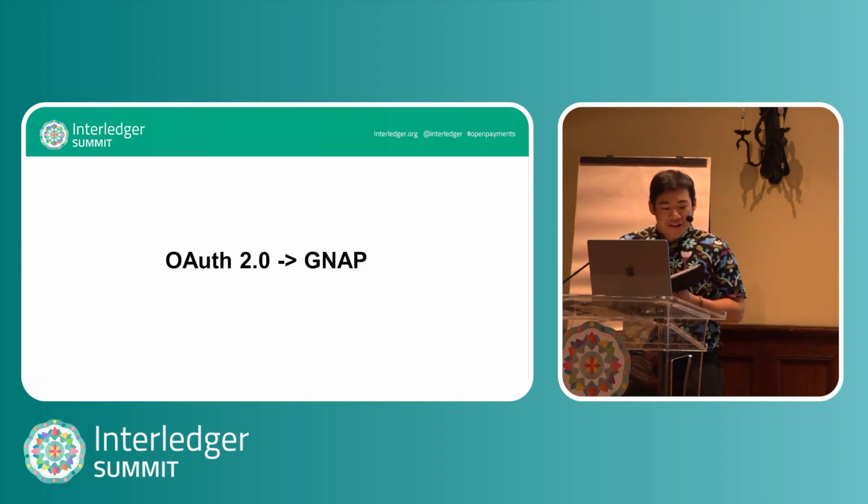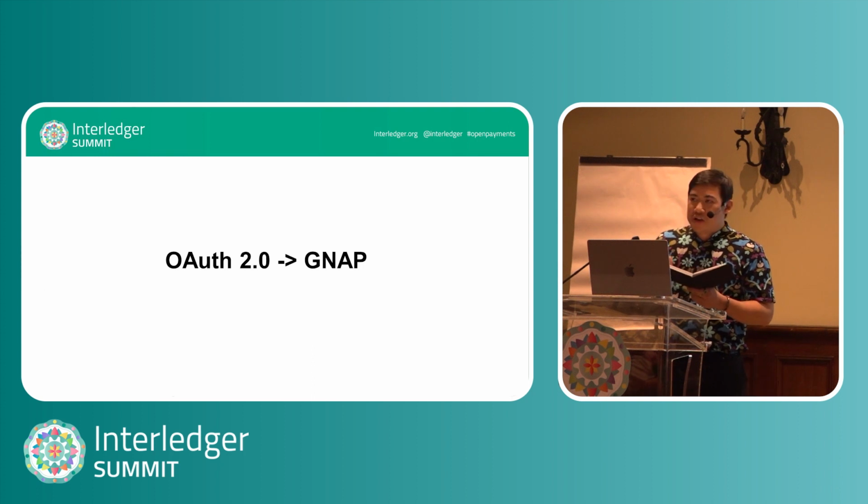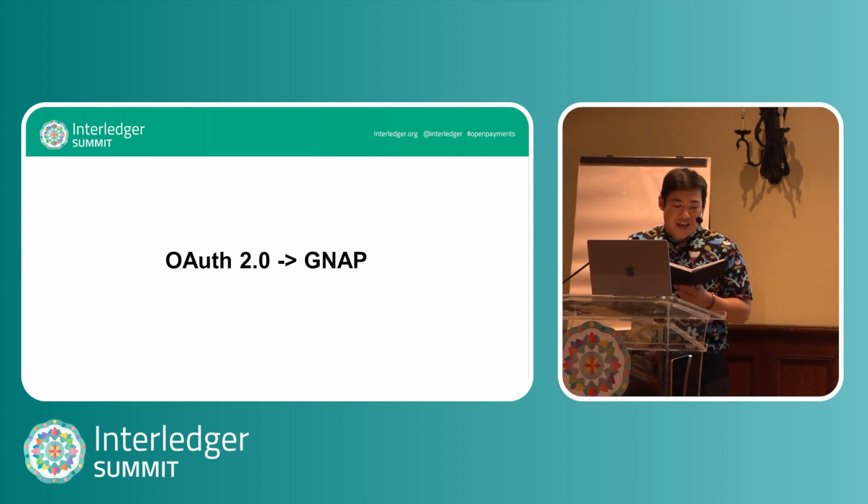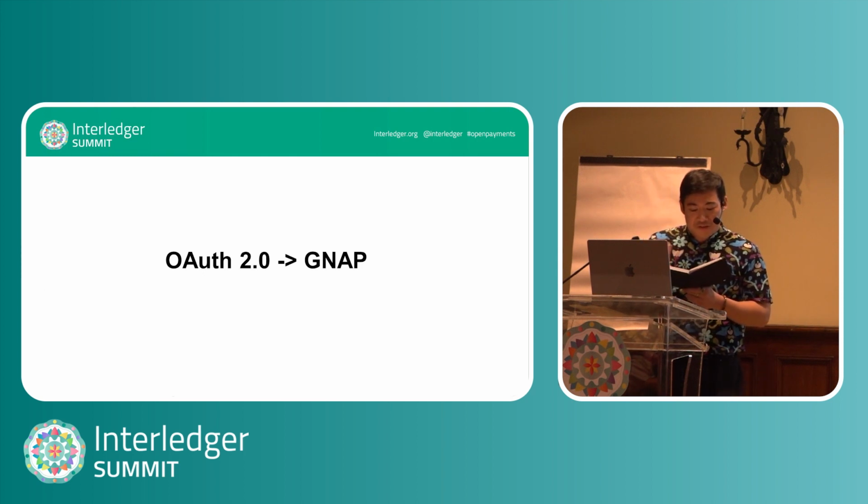So, why use GNAP instead of OAuth 2? The primary reason is that GNAP improves on OAuth 2 in ways that make it more versatile than its predecessor. It is this versatility that made it a good fit when designing Open Payments.